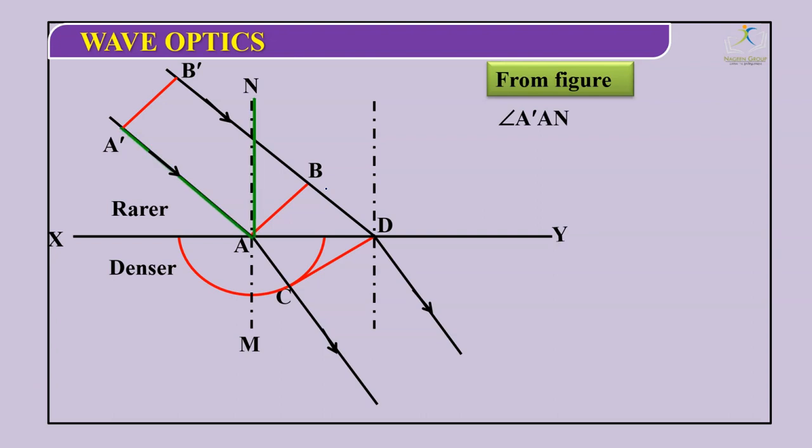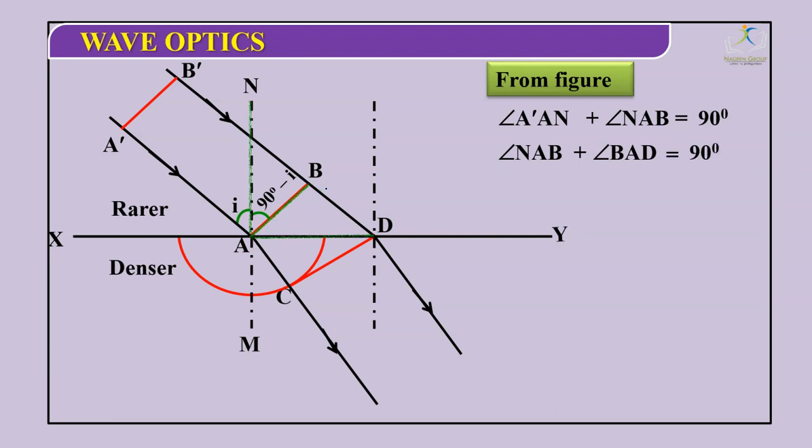So from the figure, angle A'AN plus angle N'AN is equal to 90 degrees. So angle A'AN plus angle BAD is equal to 90 degrees.